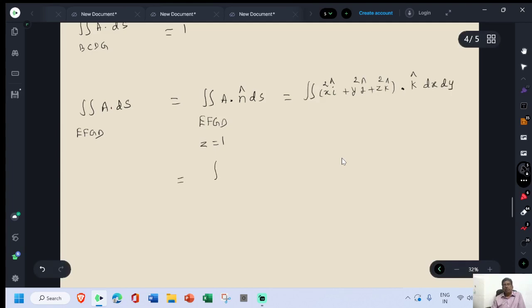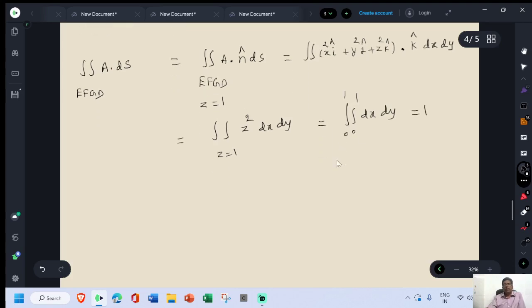Now this simplifies as k dot k is 1, so z square dx dy. Here z equals 1. Therefore this is the double integral of dx dy, with limits varying from 0 to 1. So the answer is 1. If you integrate this, we get 1.